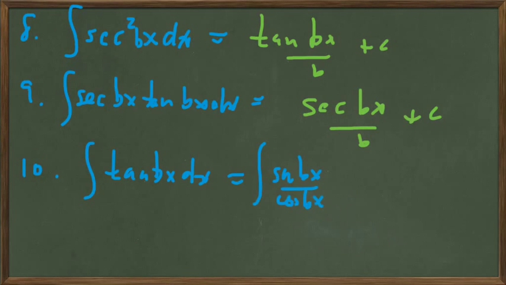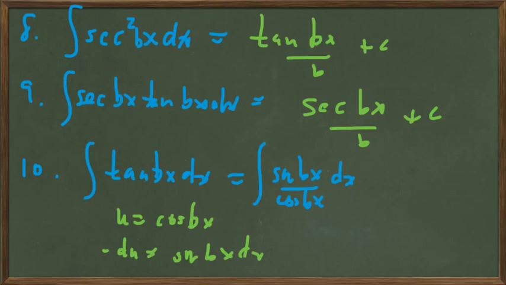We let u equal cosine bx, and so minus du is sine bx dx.